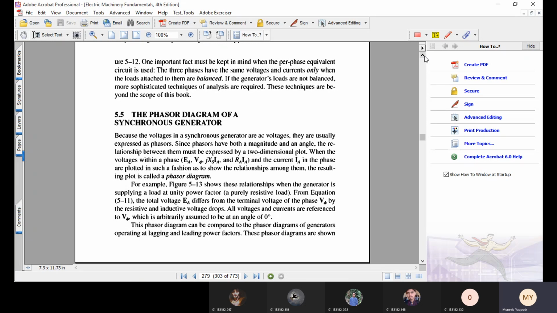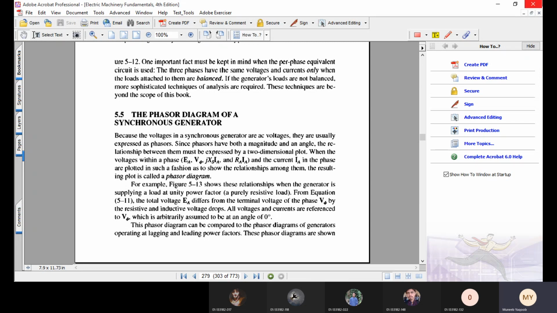And for drawing the phasor diagram of a single phase transformer, we used an equation that was previously used to draw the equivalent model. If you still recall, the equation was Vp upon A equals Vs plus Is times R equivalent plus J times Is times X equivalent.